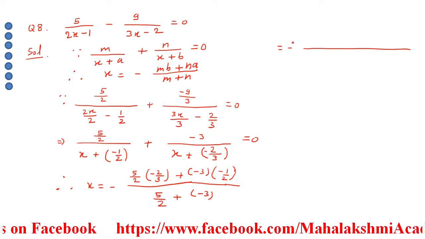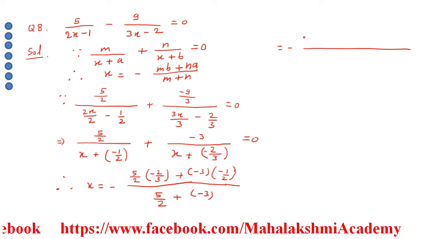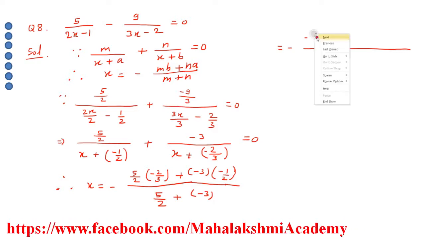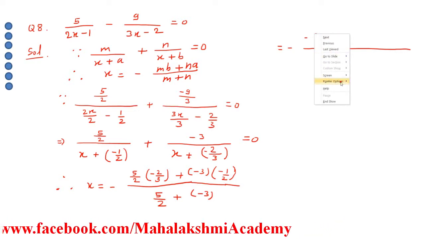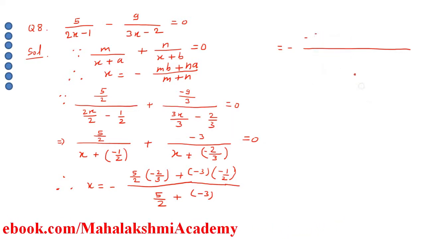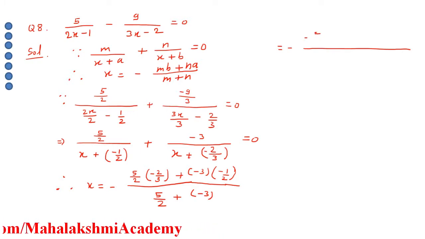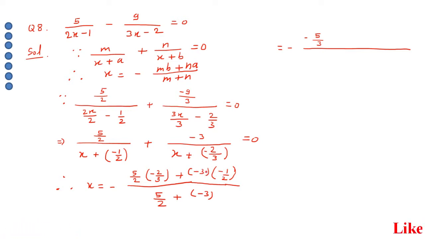So we will write the answer here, minus 5 upon 3. And here when you solve, you cannot cancel this 3 and 2, but you will multiply, so minus into minus is plus, and plus into plus is plus, so 3 ones are 3, which means you will get plus 3 upon 2.